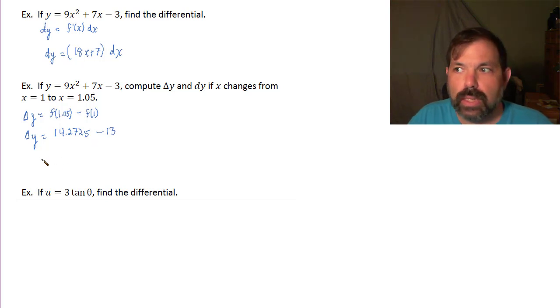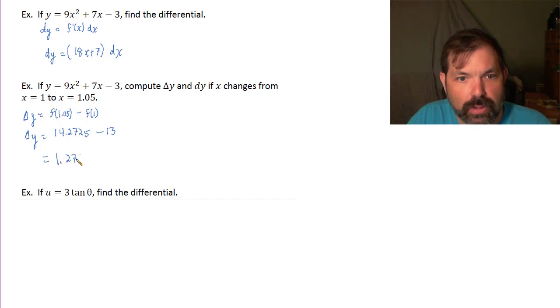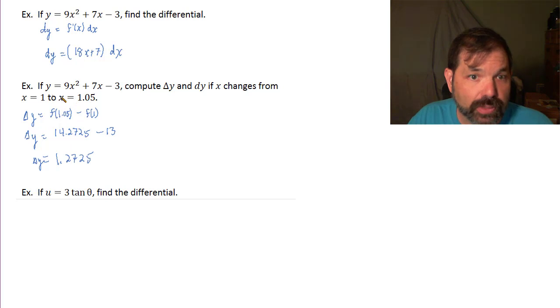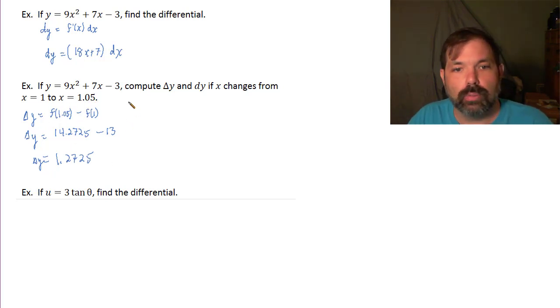So delta y is 1.2725. As x changes from 1 to 1.05, delta x is 0.05, and delta y is 1.2725.